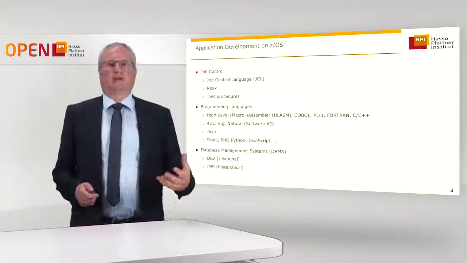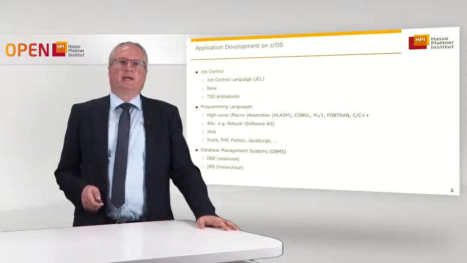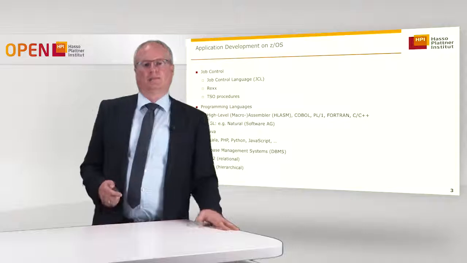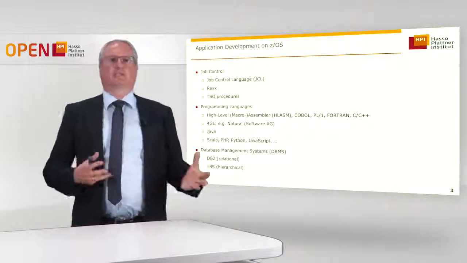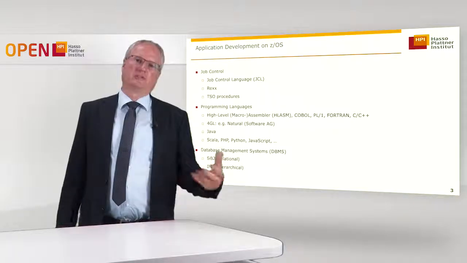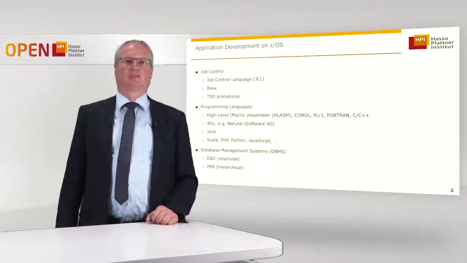Another kind of software language environment that is not so well known today is the so-called fourth-generation languages, 4GL. This comes from the past when higher programming languages were considered the third generation, and then people said, okay, something beyond higher languages is fourth generation.